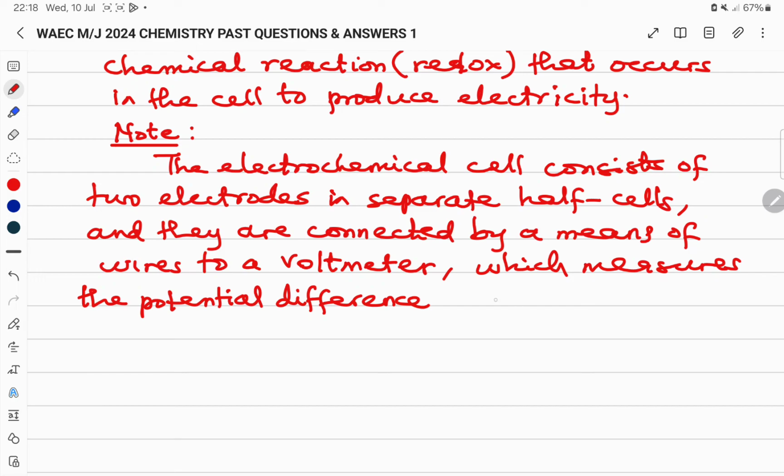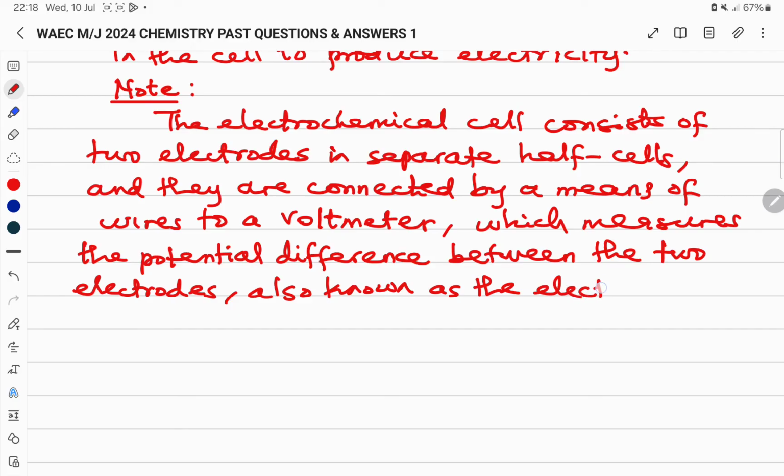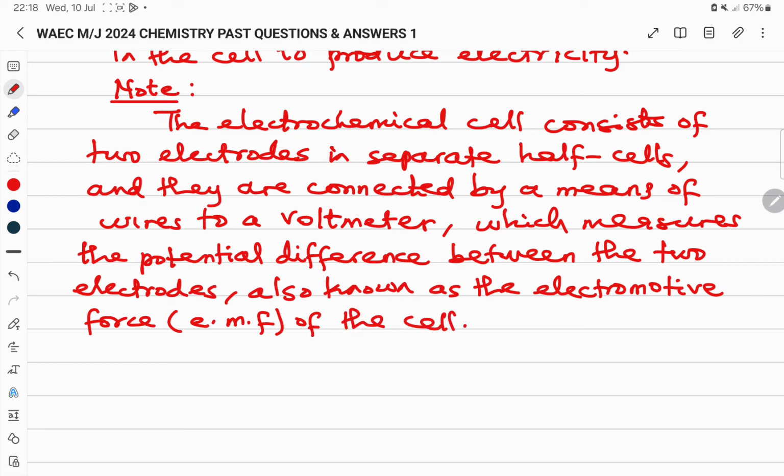Potential difference between the two electrodes. And this potential difference is also known as the electromotive force. Electromotive force, that's EMF, electromotive force of the cell.